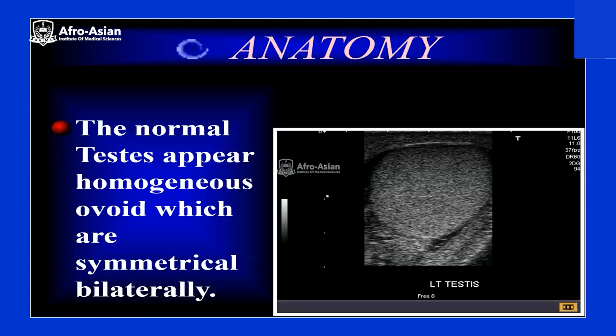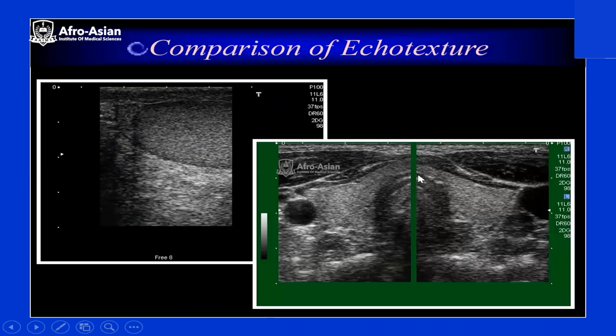The normal testicles appear homogeneous, white, which are symmetrical bilaterally. They are homogeneously ovoid in shape. When we compare its echogenicity with the thyroid, thyroid is relatively hyperechoic.